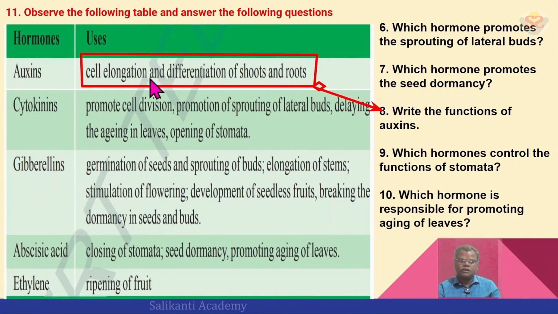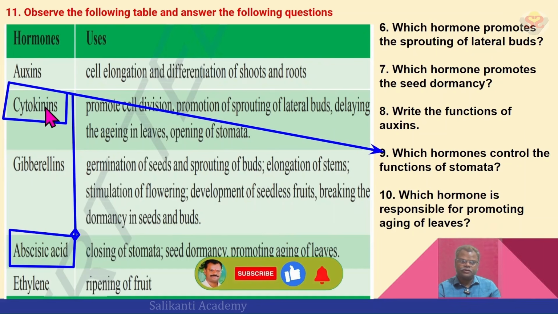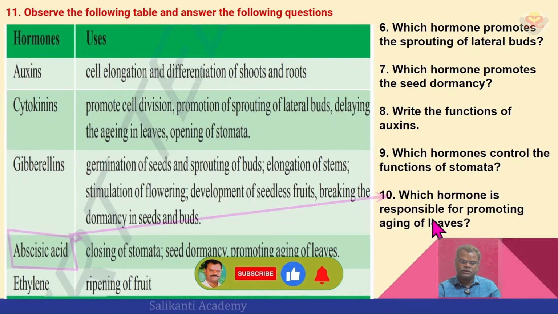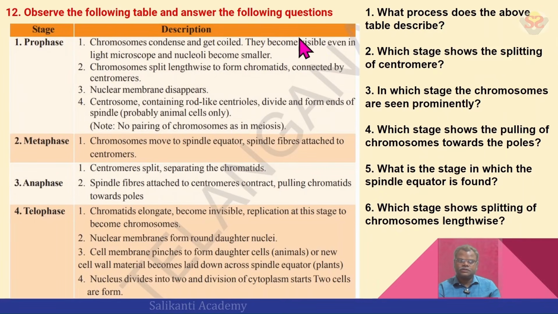Cell elongation and differentiation of shoots and roots. Which hormone controls the functions of stomata? Cytokinins, abscisic acid. Which hormone is responsible for promoting aging of leaves? Abscisic acid.